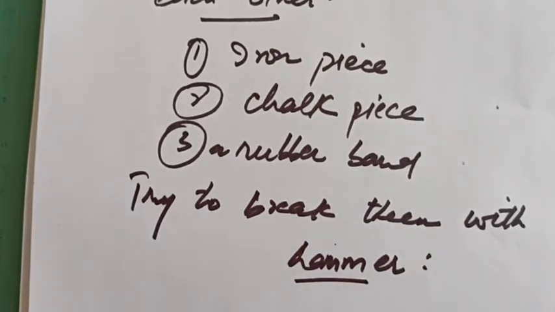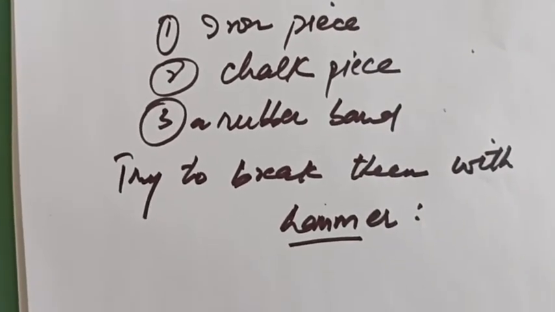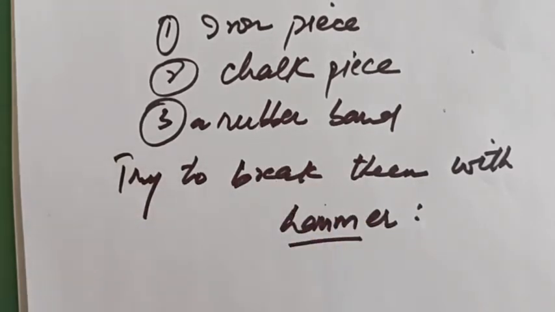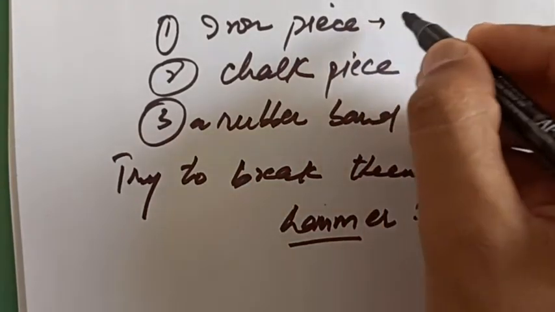Suppose we have a hammer at home, or I think all of you have a hammer at home. You can also try this activity at home: try to break these three things with a hammer. What would you observe? You will observe that the piece of iron is most difficult to break.